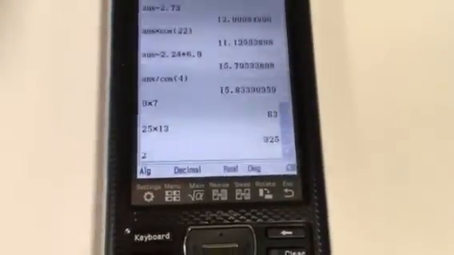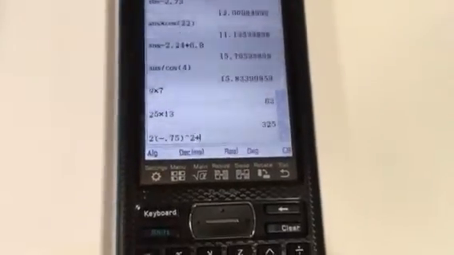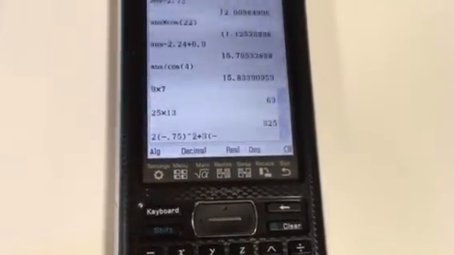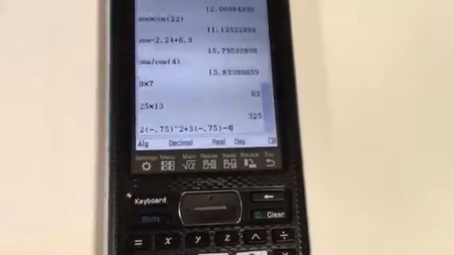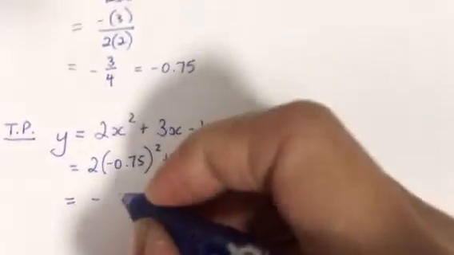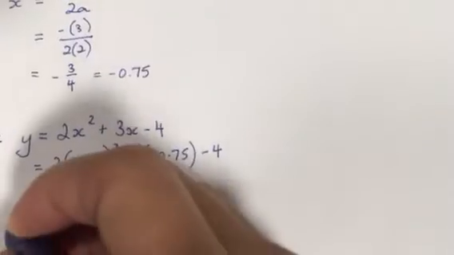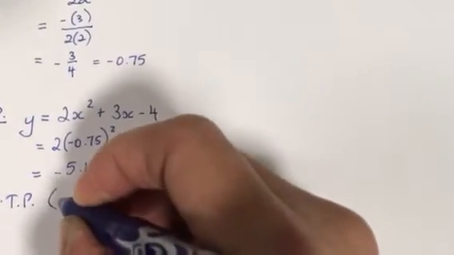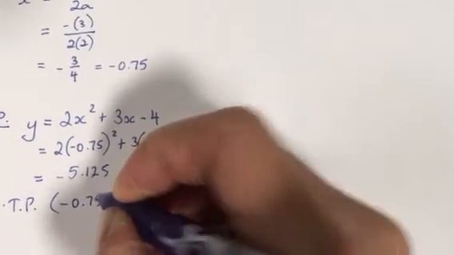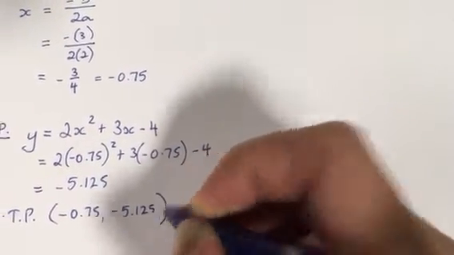So I've got 2 times negative 0.75 squared plus 3 times negative 0.75 take 4, and I've got negative 5.125. So therefore my turning point occurs at that x coordinate, negative 0.75, and the y coordinate, negative 5.125.